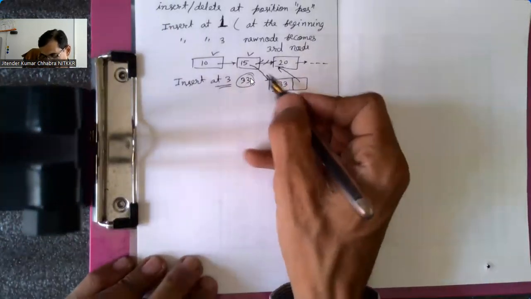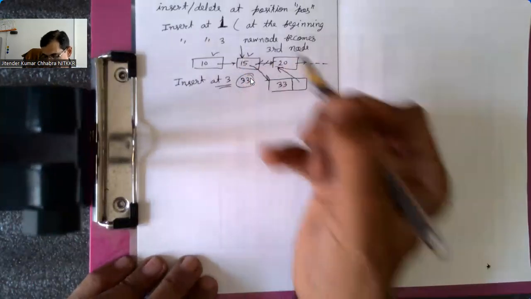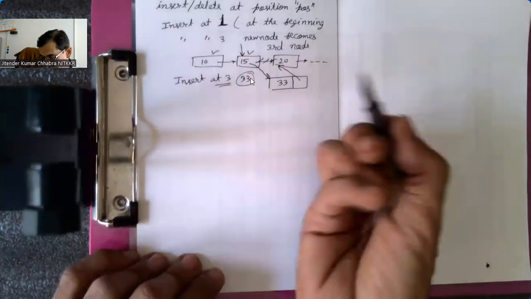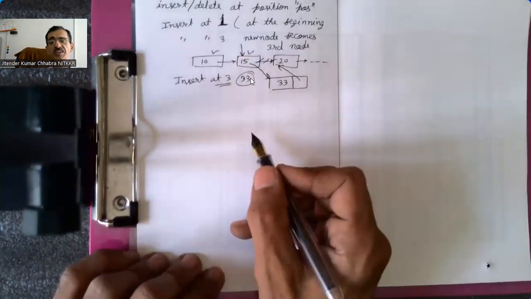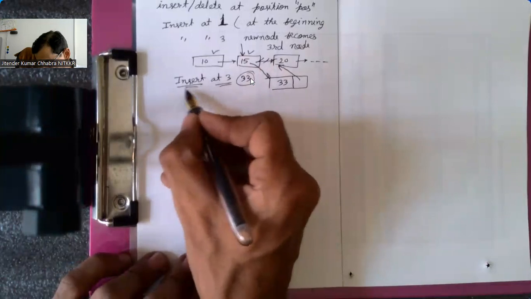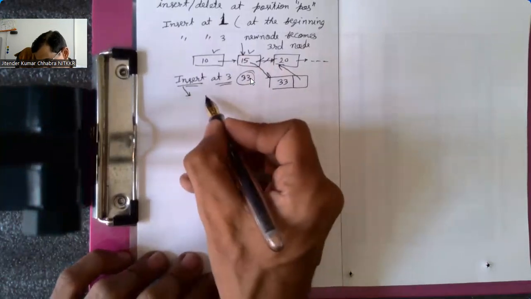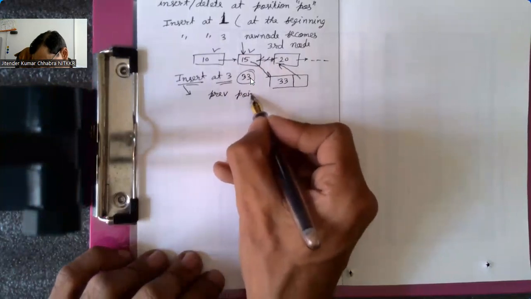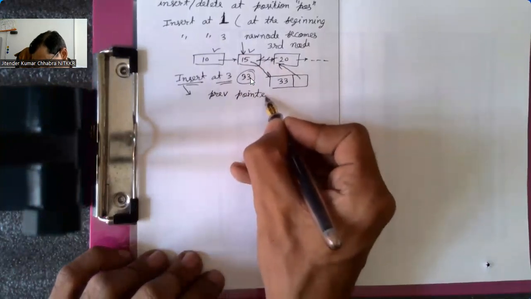Effectively, what it requires is that I should be able to stop at position 2, and after position 2, I want to insert. Because ultimately, whenever you want to insert, you need a previous pointer. Whenever you want to insert, before that, you always need a pointer.